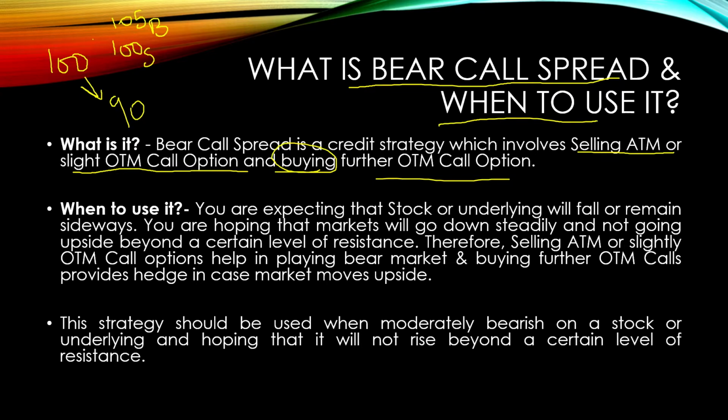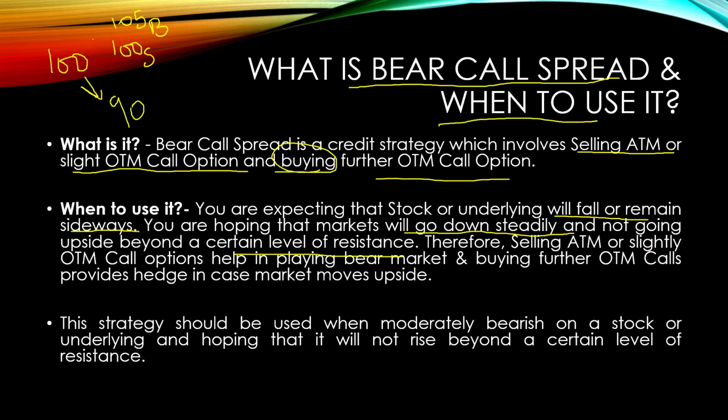and reduce your margin requirements. This strategy should be used when you expect a stock to fall or remain sideways until expiry. You are hoping that the market will go down steadily and it will not go beyond a certain level of resistance.